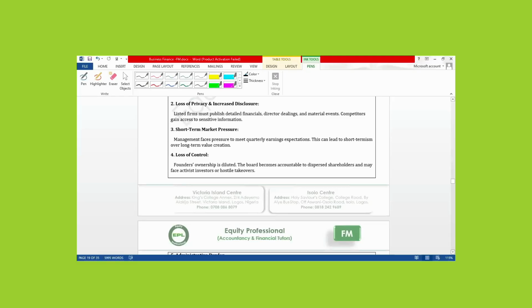The board becomes accountable to dispersed shareholders, different shareholders. That may lead to what we call hostile takeover. Some people may plan to take over your company.